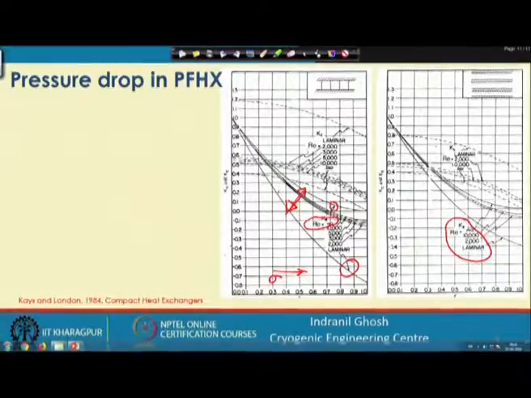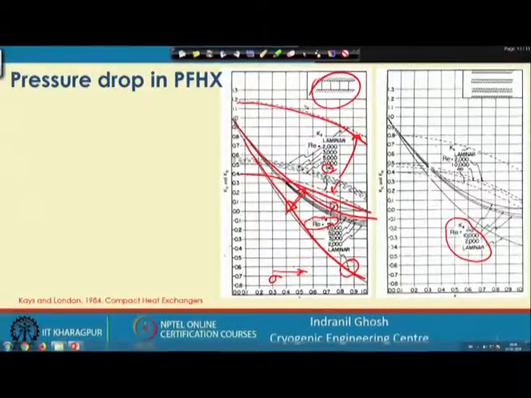Similarly, we have Re infinity at this one, and the other end is the laminar one. Between these two limits the Kc will vary for this kind of closed cell, and this is for the flat tube where we have the Kc and Ke values.